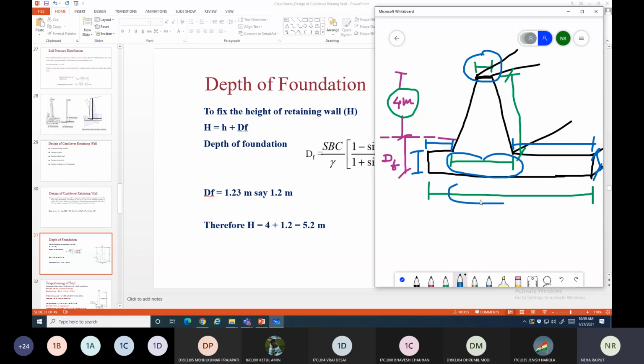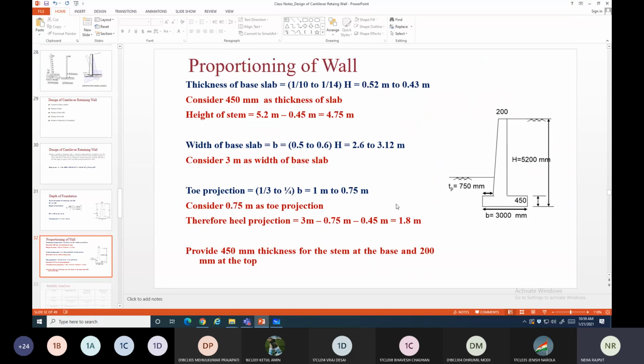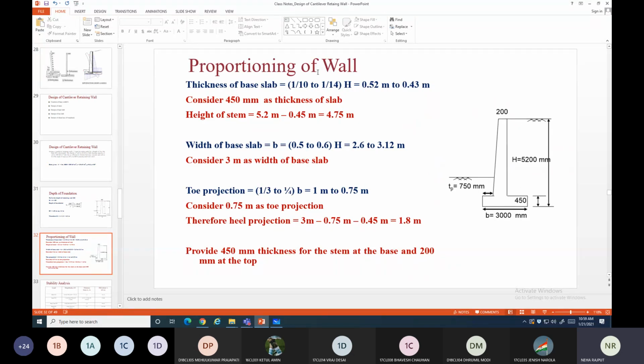Right, that means this proportioning is the trial error method for the stability analysis. So for that condition, some thumb equations are given in book where you can get proportioning, you can get the value of all these parameters. So this is the proportioning of wall.